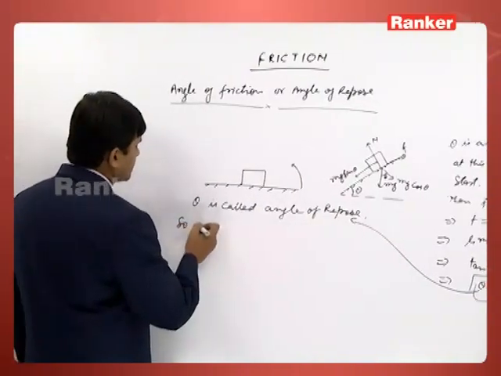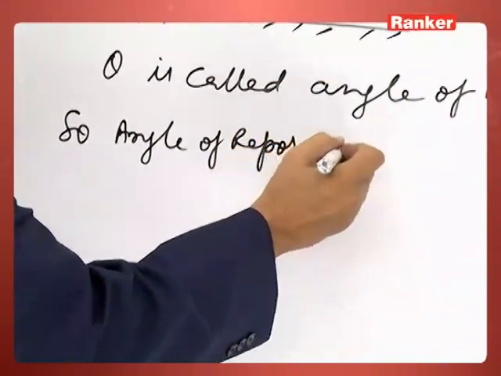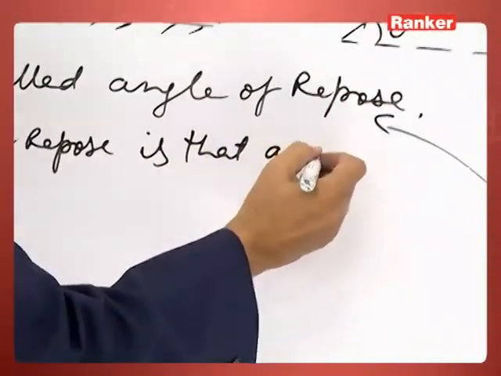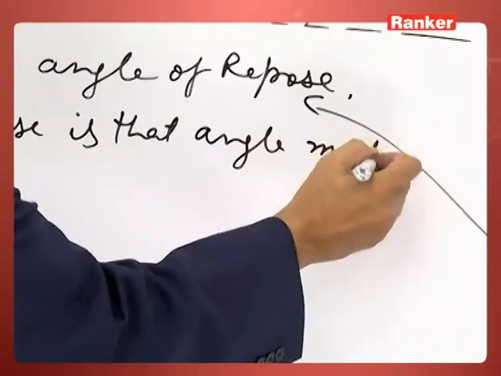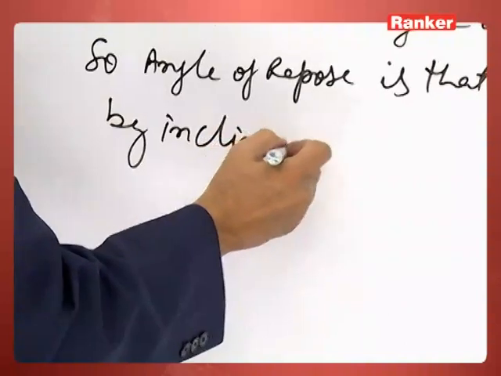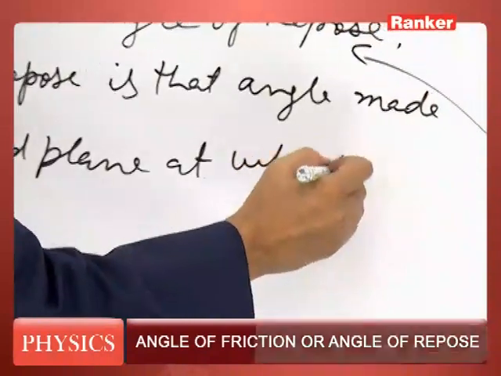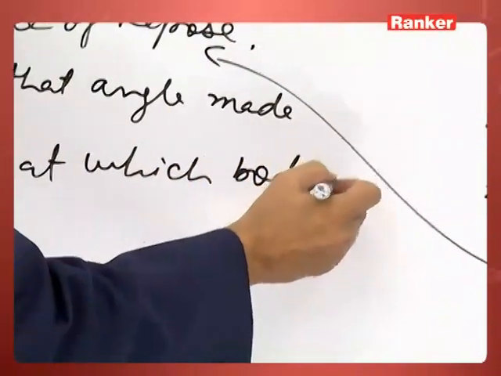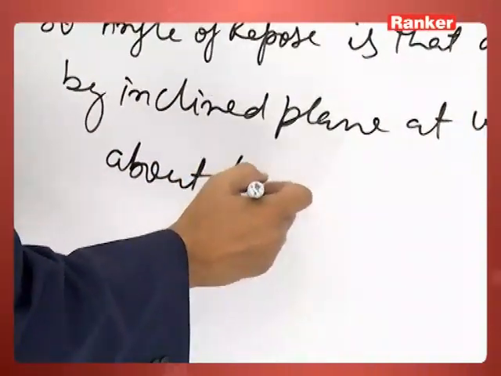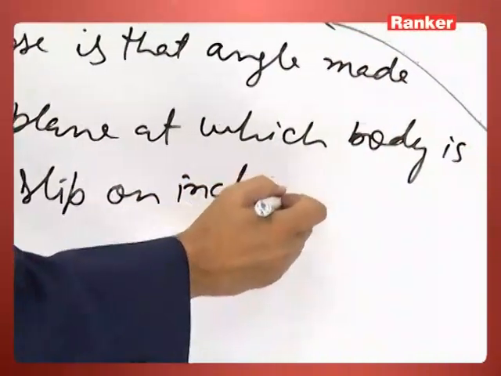So angle of repose is that angle made by the inclined plane at which the body is about to slip on the inclined plane.